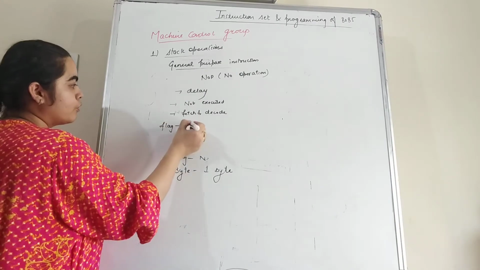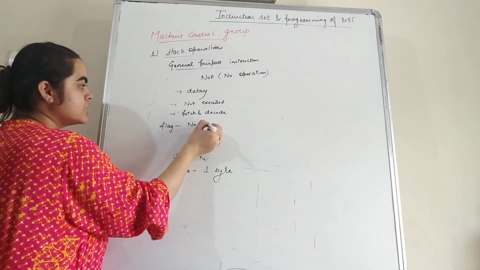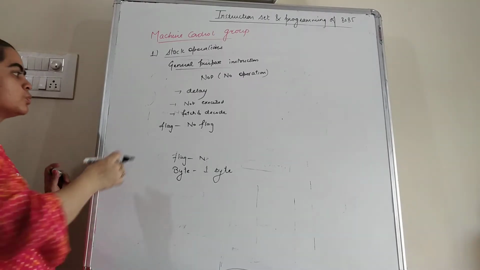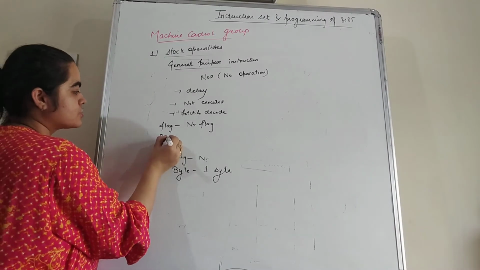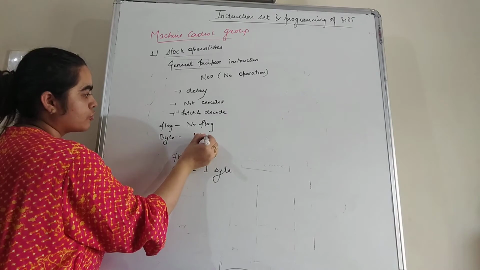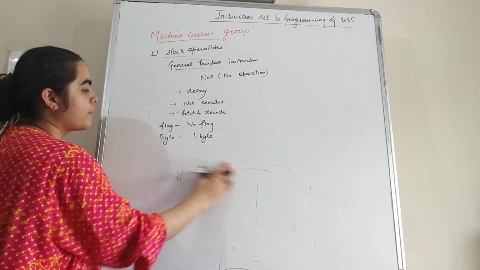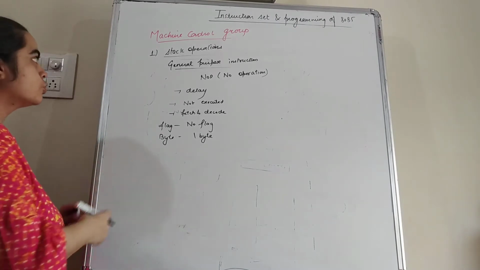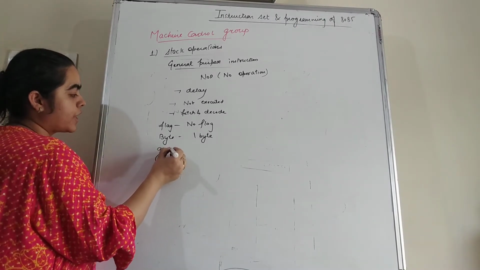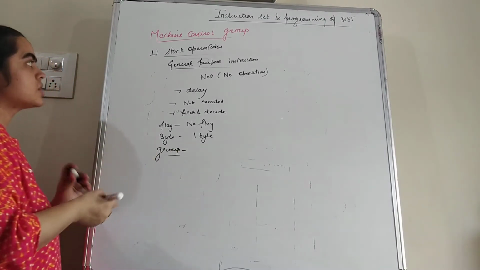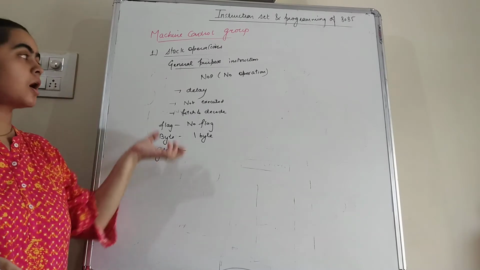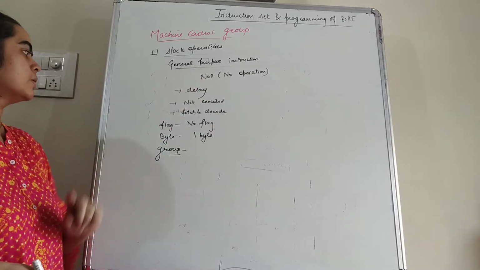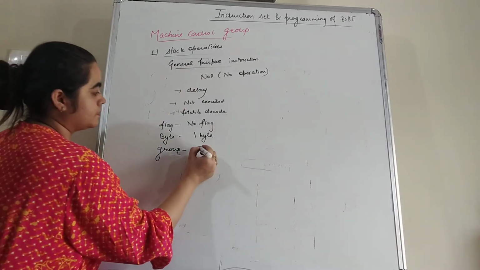Next is the flag. No flag will be affected, because it is only used to delay the execution of the program. Next is the byte. It will occupy 1 byte of memory, because no data or memory address is specified in the instruction. And which group does this instruction come under? It comes under the machine control group, and in brackets you can write general purpose instruction.